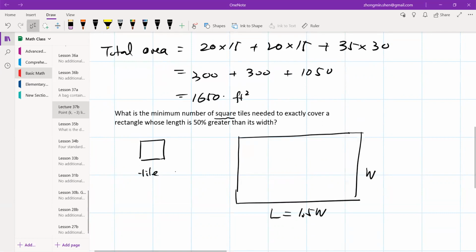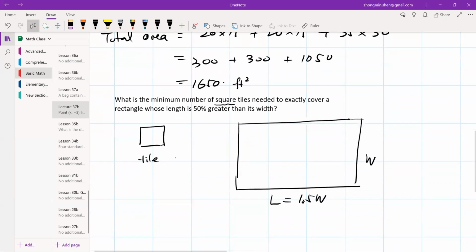Because it's 50% greater than its width. So the ratio of length to width is going to be actually 3/2. Okay.